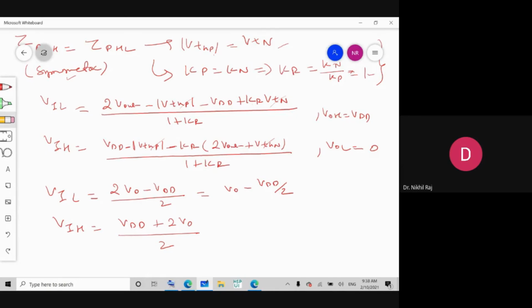Let me check the VIH expression. Okay, so VIH is plus only. Sorry. So VIH is VDD minus mod of (VTHP plus Kr 2V out plus VTN) divided by 1 plus Kr.